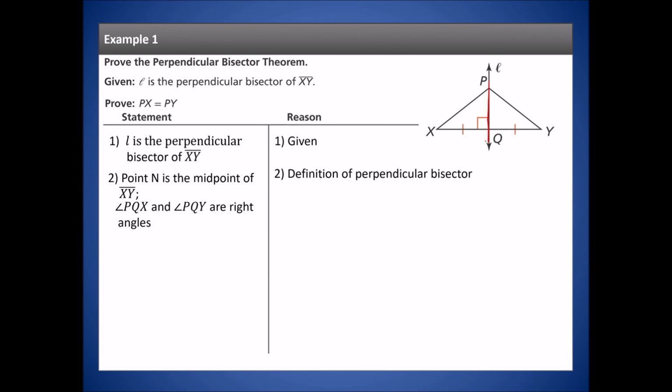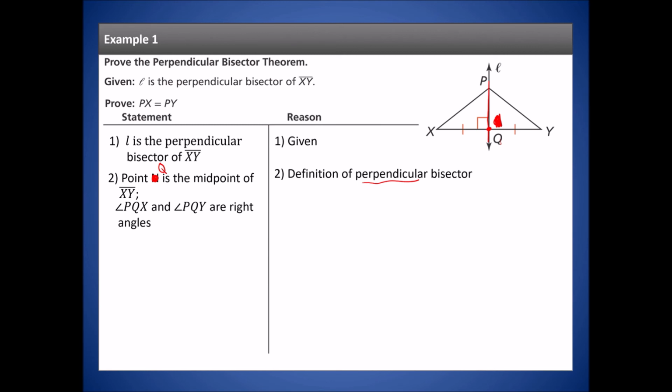And so therefore, I know that this point right here, which we ended up calling N, or actually it should say Q here, not N. Because we called Q the midpoint here, we said that Q has to be the midpoint of XY, and that's because that's the definition of perpendicular bisector. It's going to cut through the midpoint of the segment, and it's going to cut it in half, right? And also we know that the angles have to be right angles because it's perpendicular by definition.